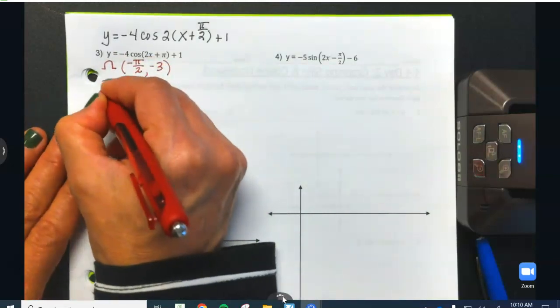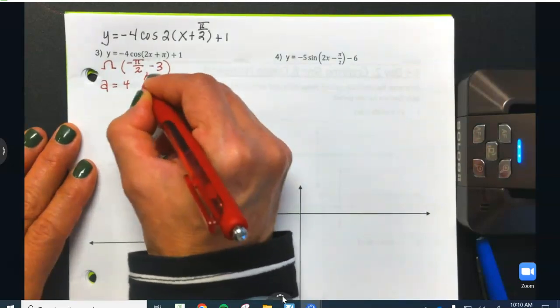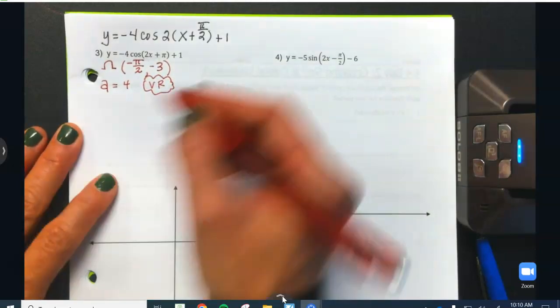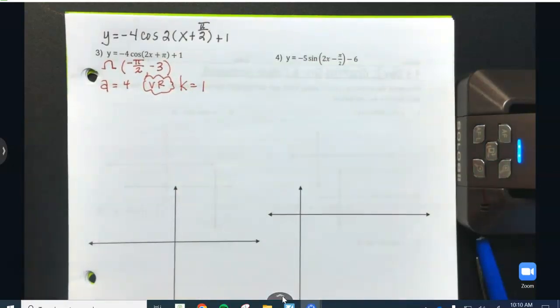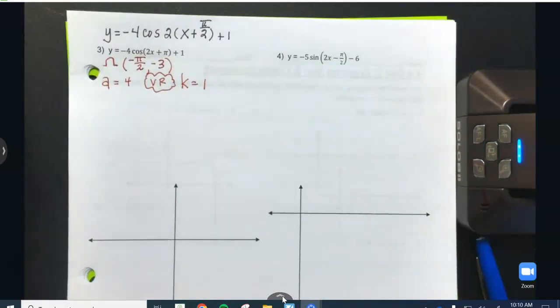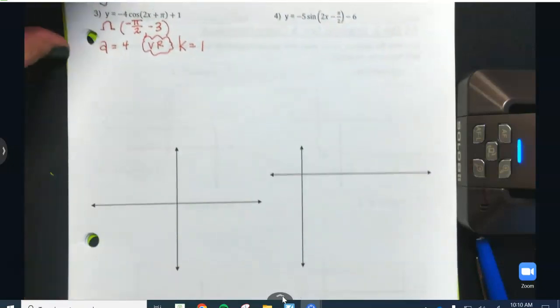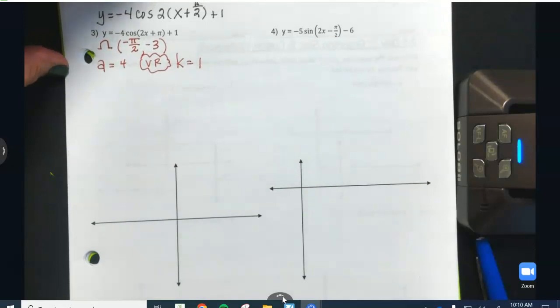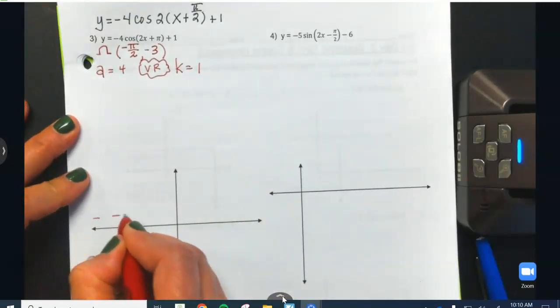Our A value is always positive, so write a 4, but we can remind ourselves it's upside down because it's negative. The midline is going to be at 1. Let's go ahead and draw these midlines. All right, so positive 1.